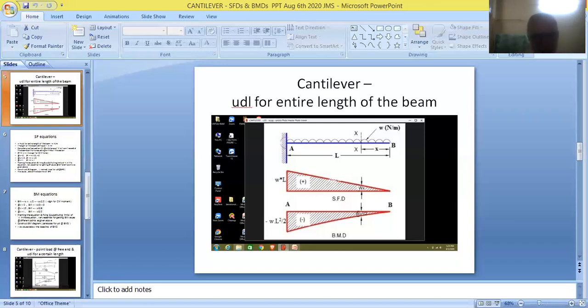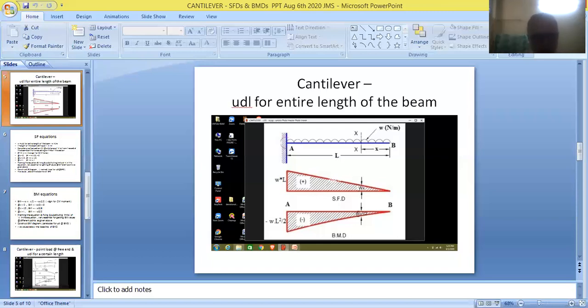Taking the shear force values, we prepare a diagram and get a shear force diagram. Taking the values of bending moments, very easily we can construct a bending moment diagram. So in general, these are the rules to be followed. As usual, if you are getting positive values, they have to be constructed above the baseline.